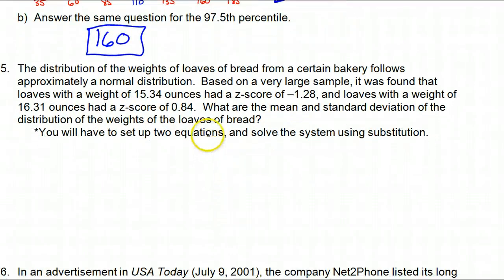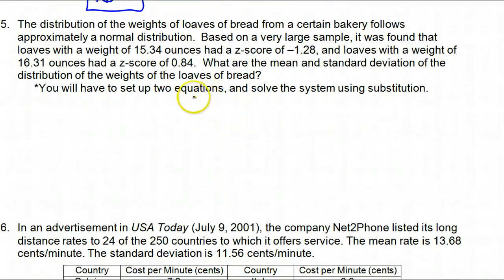Problem number 5. This problem seems a little difficult. The distribution of weights of loaves of bread from a certain bakery follows approximately a normal distribution, meaning bell curve. Based on a very large sample, it was found that loaves with a weight of 15.34 ounces had a z-score of negative 1.28, and loaves with a weight of 16.31 ounces had a z-score of 0.84.